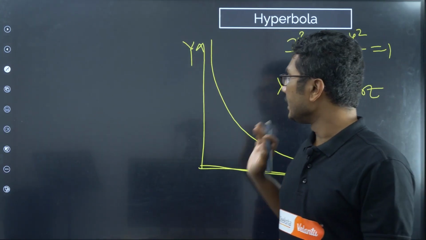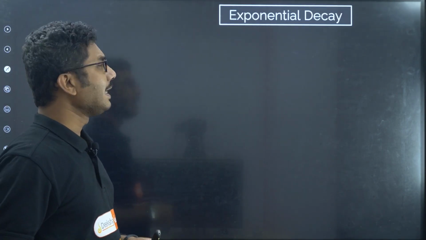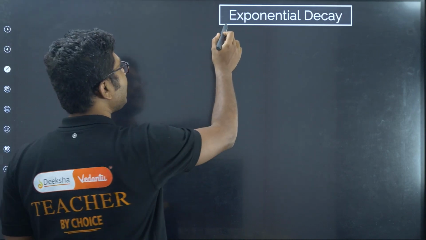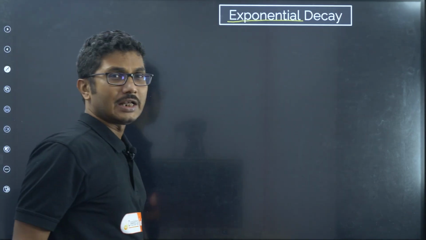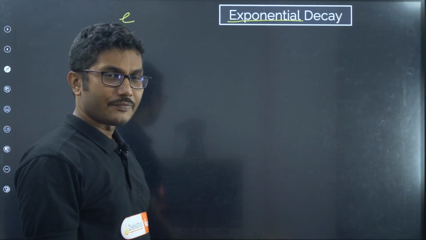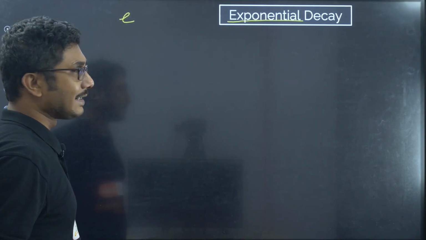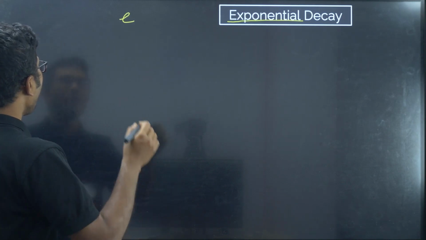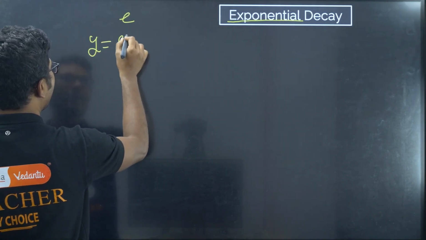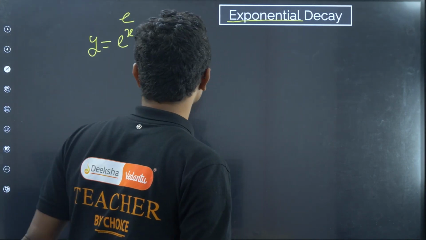Simple, everything looks simple. Next we are going to do exponential decay. What is the meaning of exponential? Exponential involves a term called e. It has a fixed value, 2 point something. We are not interested in the exact value, but when we write something, for example, y equals e to the power x, this is an exponential equation.